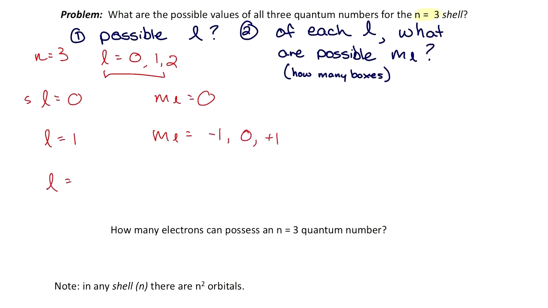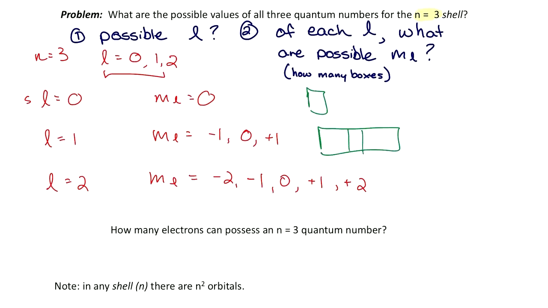For L equals 2, our possible ML values are -2, -1, 0, +1, and +2. Those ML values are the possible boxes we can put electrons in. In L equals 0, we have 1 box. In L equals 1, we have 3 boxes. In L equals 2, we have 5 boxes.